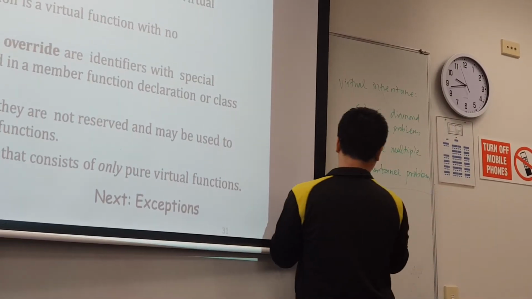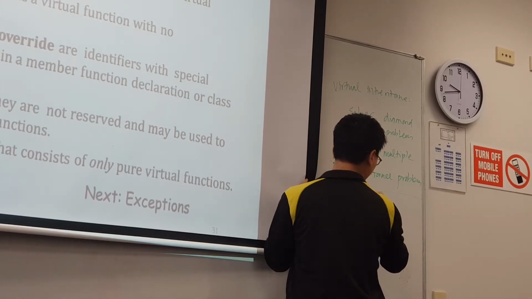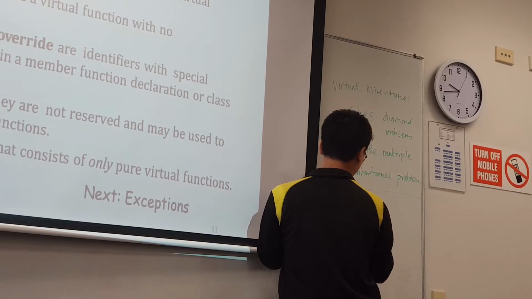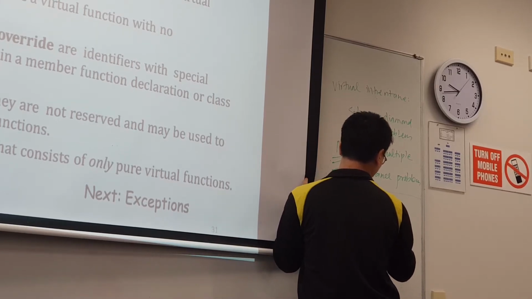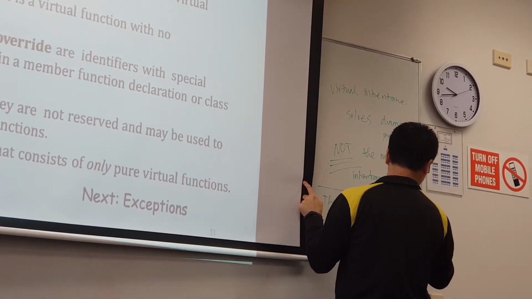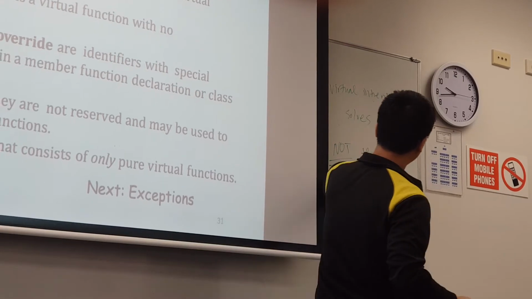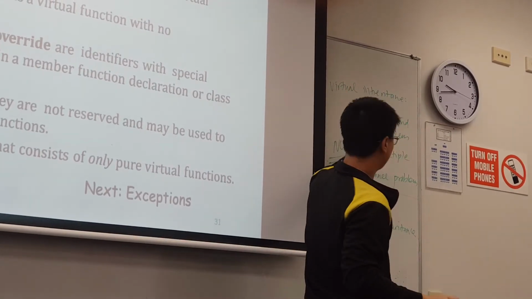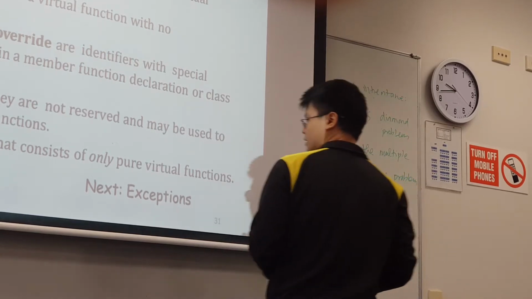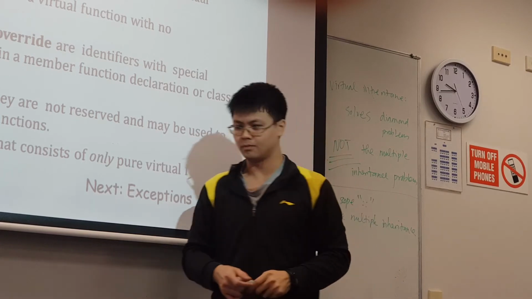And the scope operator is to solve multiple inheritance. So to solve these two problems, virtual is to solve diamond, scope is to solve multiple inheritance. And in general, try your best to avoid this problem.